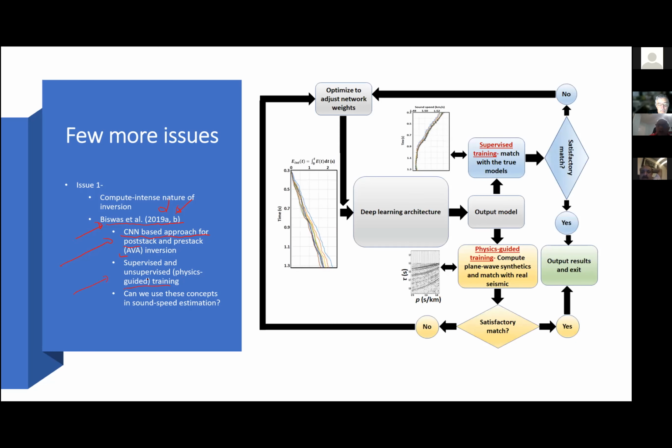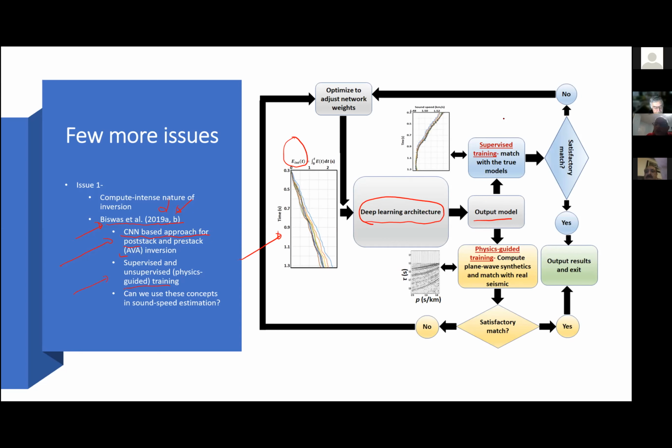We can use the same concept here. Because we know that the attribute EINT is the predictor, in the input layer we can have it at some sparse locations and feed it to a deep learning architecture, and it will output the model.